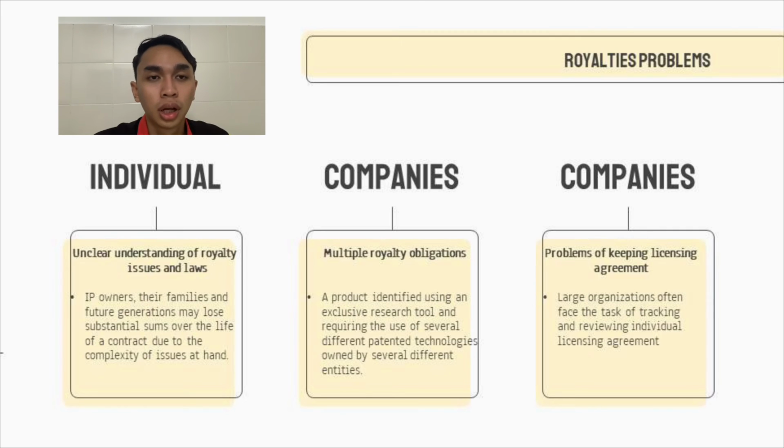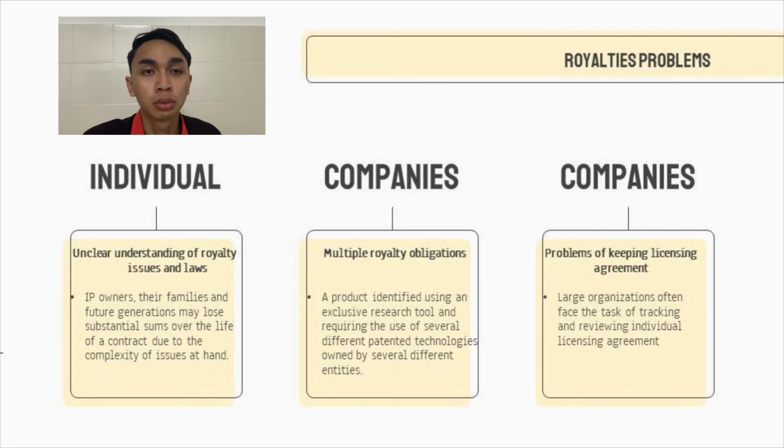These problems are related to a product identified using an exclusive research tool and requiring the use of several different patent technologies. For example, sport equipment that will be identified or tested with one or more exclusive research tools that have been licensed by different companies.